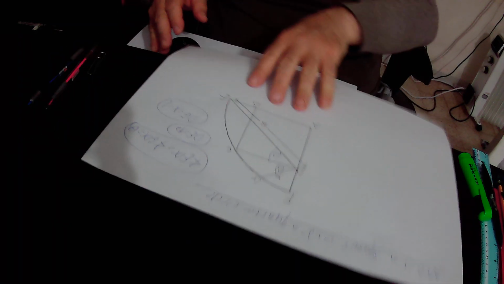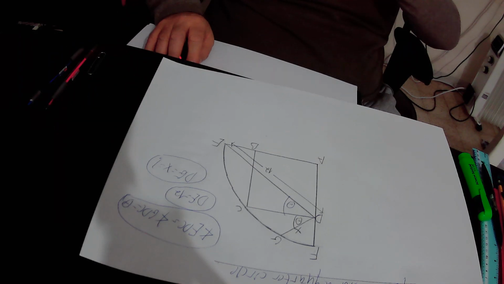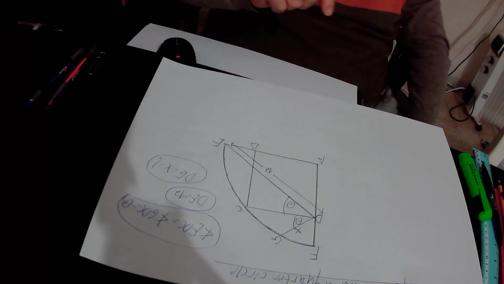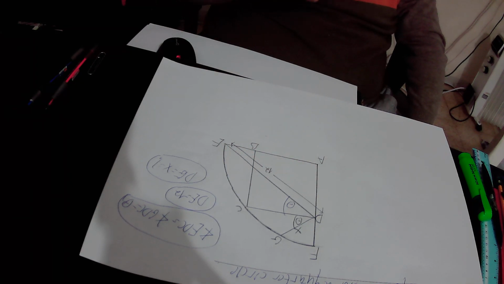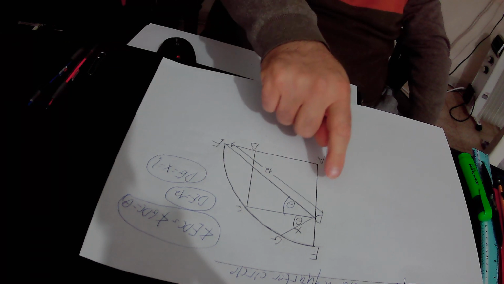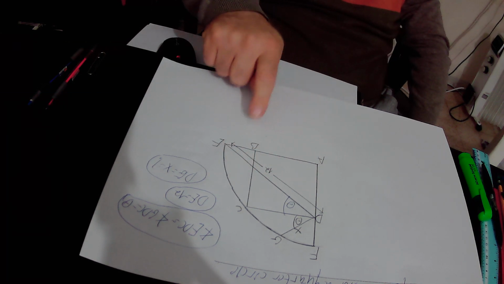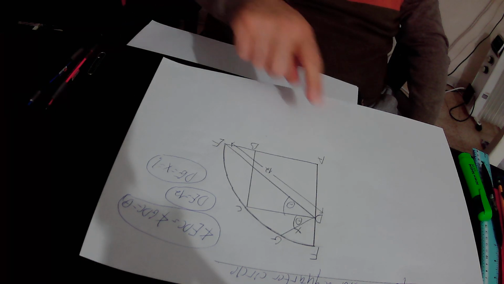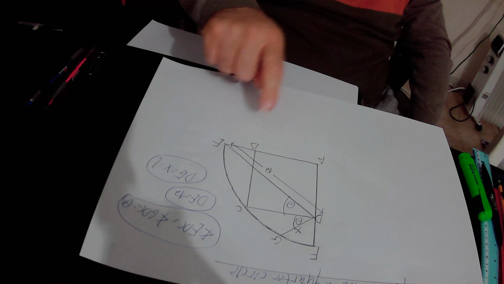So first of all, we know that ABCD is a square, and therefore side DC is parallel to side AB. So write it down: side DC is parallel to side AD.